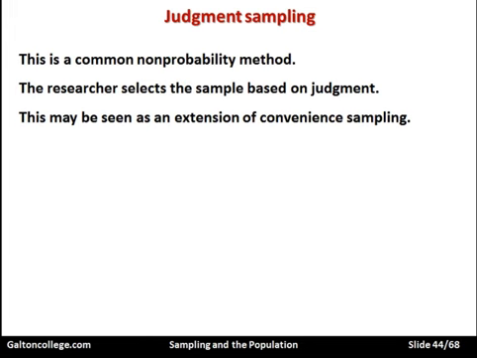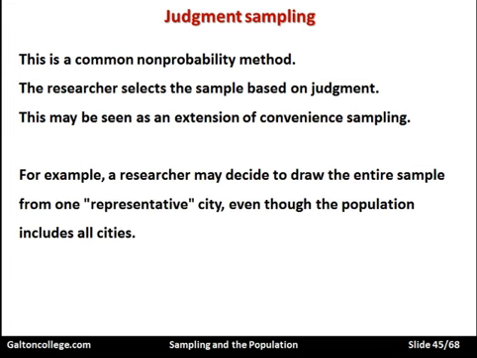So it is like convenience. It's biased because it is based on the judgment of the sampler, of the researcher. For example, a researcher may decide to draw the entire sample from one representative city, even though the population includes all cities.